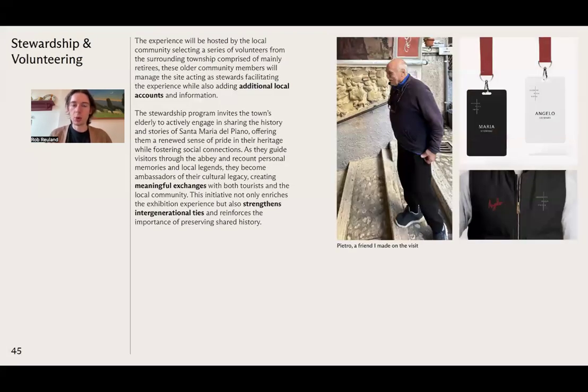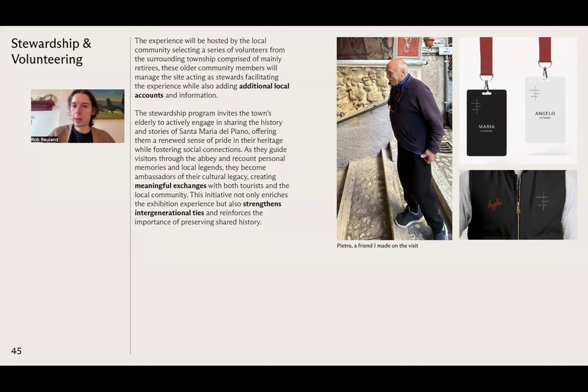And probably one of the most important things is how we're going to engage with the people of the town and make them the tellers of the story, the stewards, either volunteering or with paid stipends, to be the people who are really responsible for the site and for making sure that people have the best information.